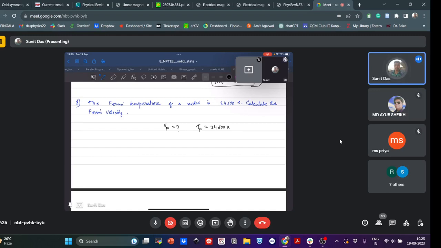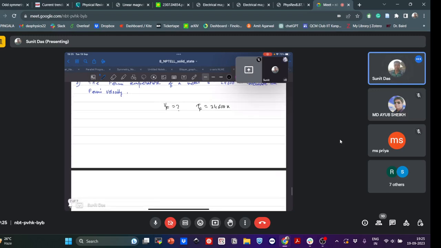Fermi temperature is defined as Fermi energy equal to Boltzmann constant into Fermi temperature. This Fermi energy can also be written as half into m Fermi velocity square, right?